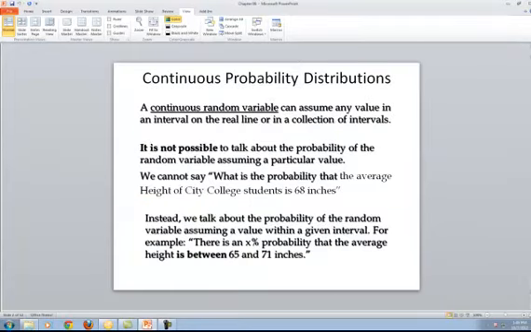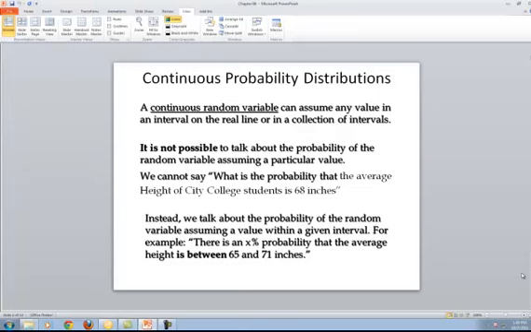In Chapter 5, we dealt with discrete random variables, and as you will remember, those variables can take on values that are round numbers. In contrast, continuous random variables can assume any value in an interval. Hence, it is not possible to talk about the probability of a continuous random variable assuming an exact number.